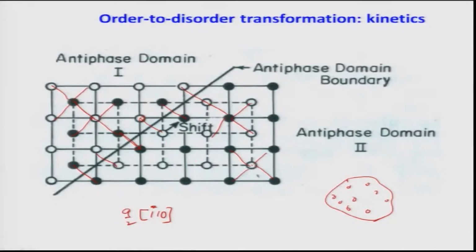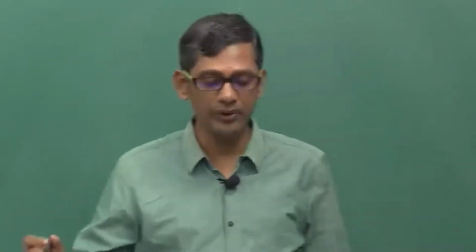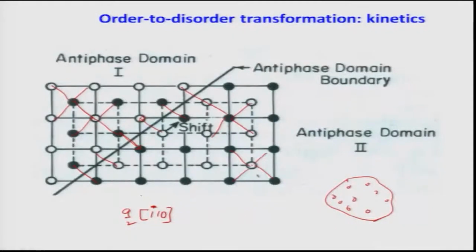These displacement vectors are well known, whether it is an FCC, BCC or hexagonal structure, along the antiphase domain boundaries, and they can be defined in a very specific manner by knowing the crystal structures. In any situation, it is very clear that the antiphase domain boundary is nothing but a boundary along which bonds between similar atoms form. It is not the bond between dissimilar atoms, which stabilizes the ordered structure prevalent away from the boundary; along the boundary it is the bond between similar atoms which prevails. Knowing that, we can image it in a crystal structure.